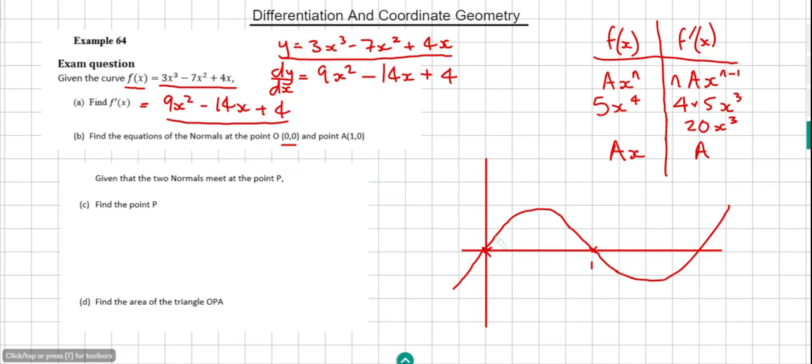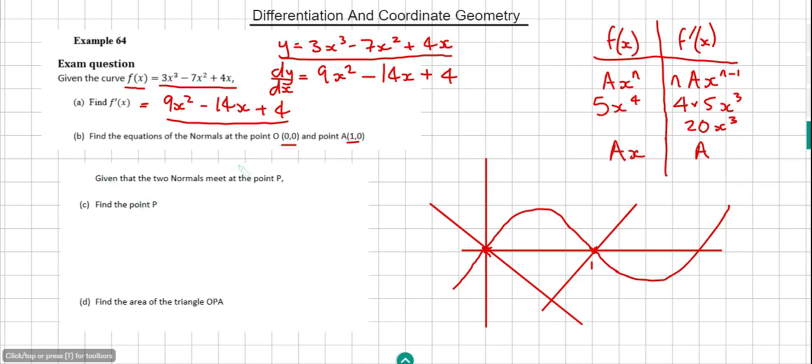We're looking for the normals at this point here, so 0, 0. The normal is at 90 degrees to the tangent. So the normal in this case would look like this at that point, and the normal at this point at 1, 0 would look something like this.